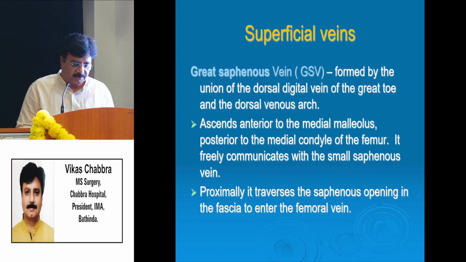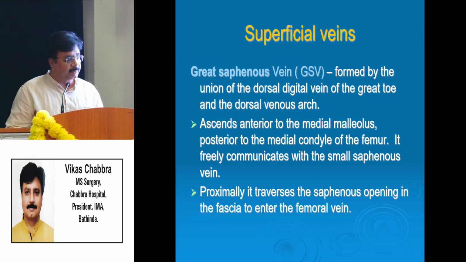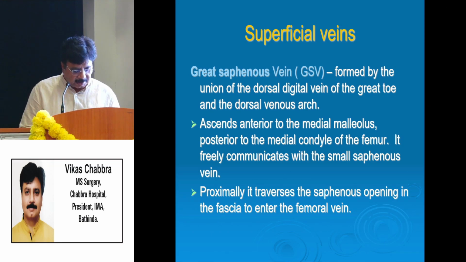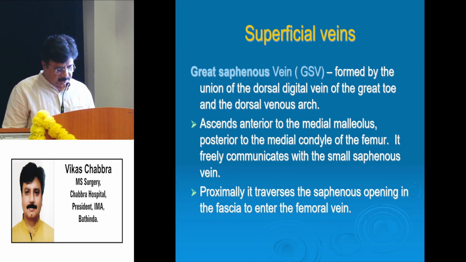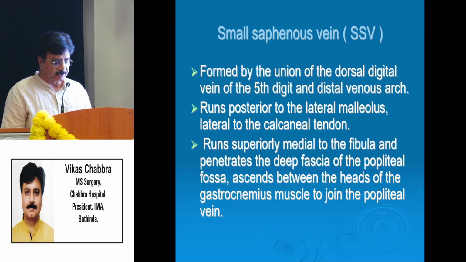As we all know, there are two main systems of superficial veins: great saphenous vein, which ascends anterior to the medial malleolus and posterior to the medial condyle of femur, and it communicates with the small saphenous vein also. It traverses to the saphenous opening in the fascia and enters into the femoral vein.